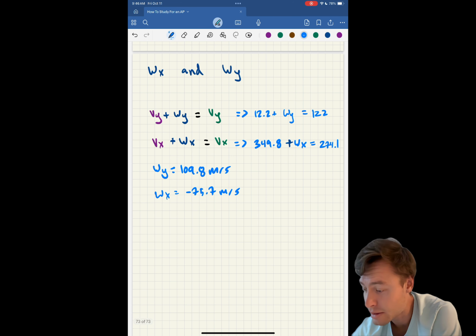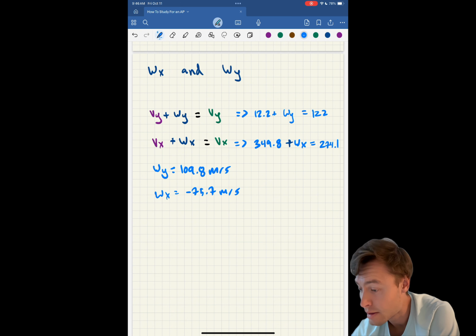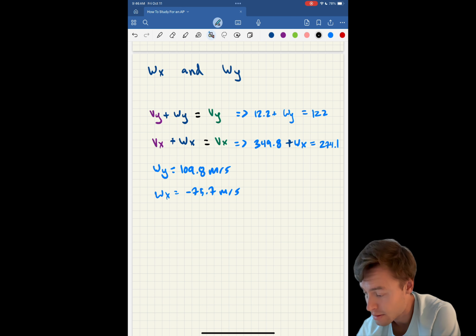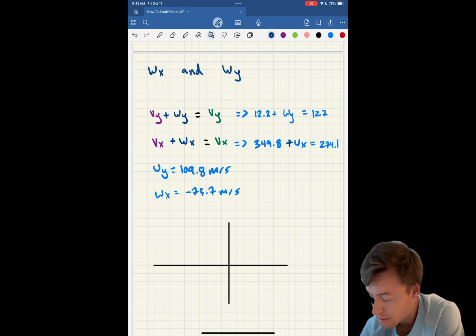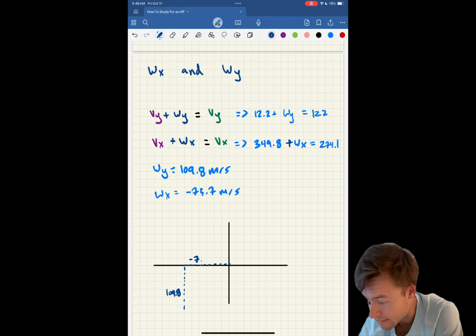That means that if I were to look at a coordinate plane for the wind, I know that the wind has a vertical component of 109.8 and a horizontal component of negative 75.7.